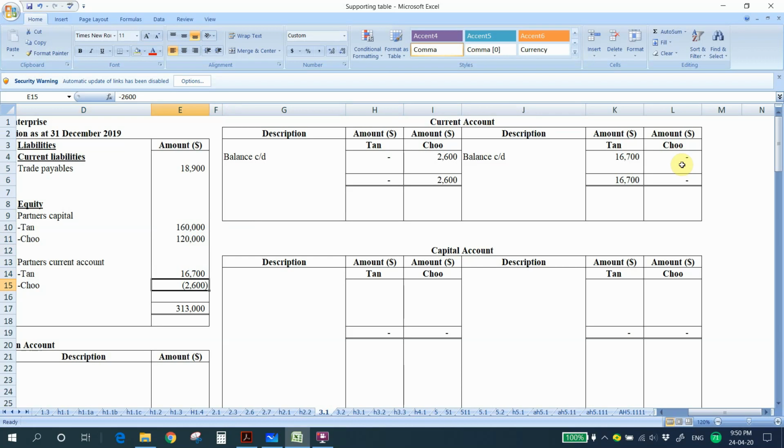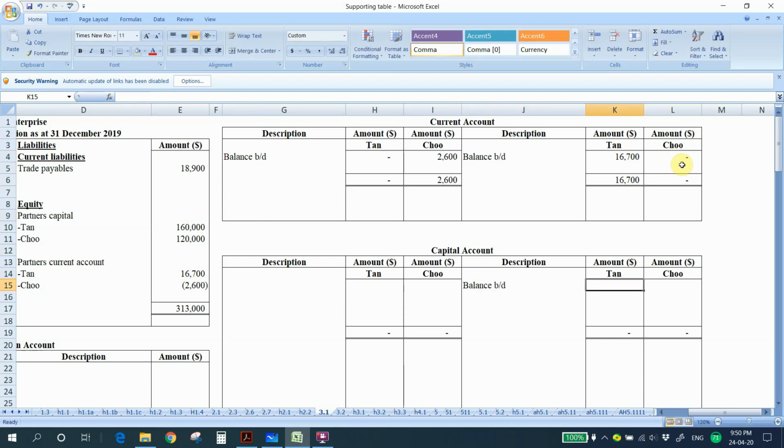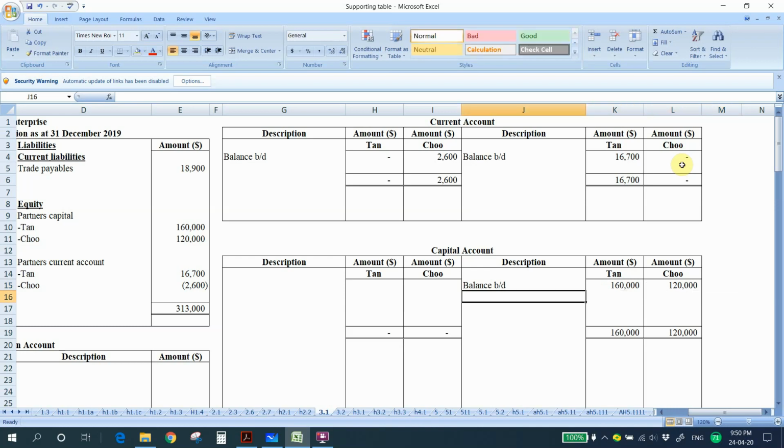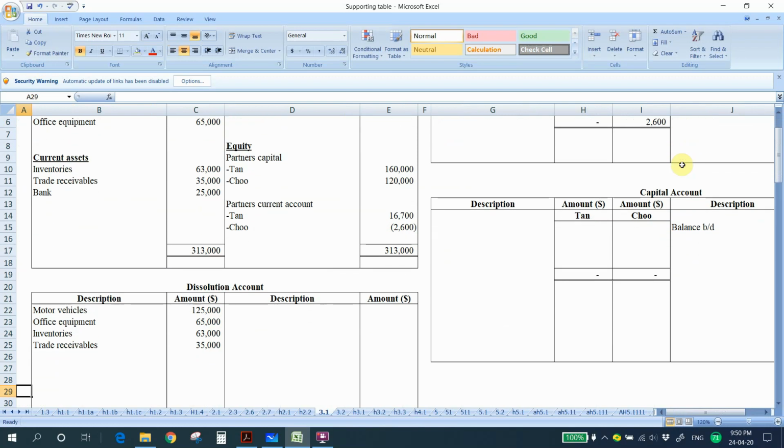If it's showing a negative value, this is on the debit side. And lastly, the capital balances. So we have recorded all the opening balances and also transferred the assets to the dissolution account.